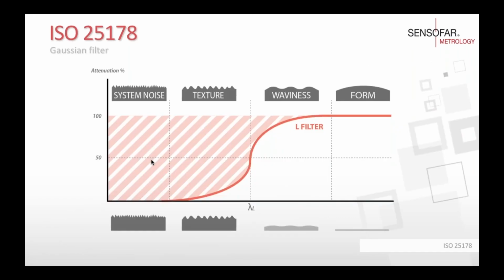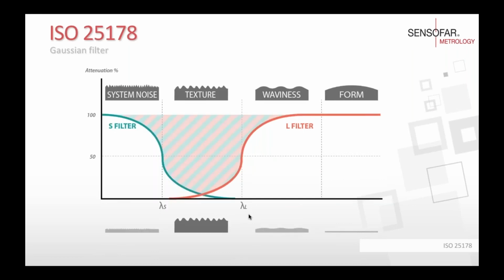In order to understand better how these filters work, we're going to explain how a Gaussian filter works. The S filter and the L filter are Gaussian filters. In the case of the L filter, whenever we establish a value, which is going to be the nesting index, that means that that wavelength is going to be attenuated 50%. And that happens exactly the same whenever we establish a value on the S filter.